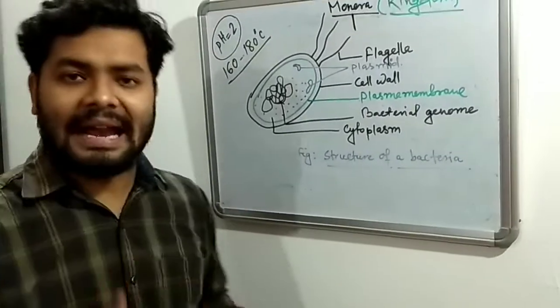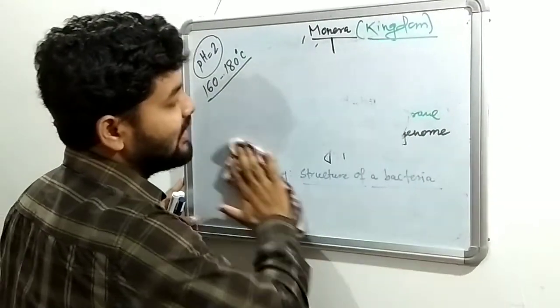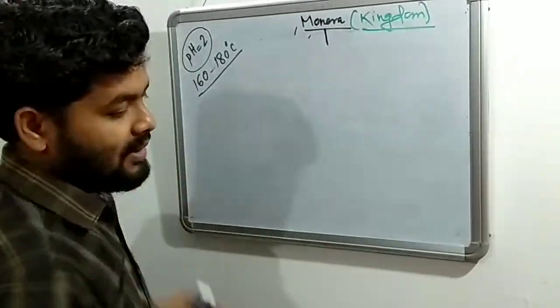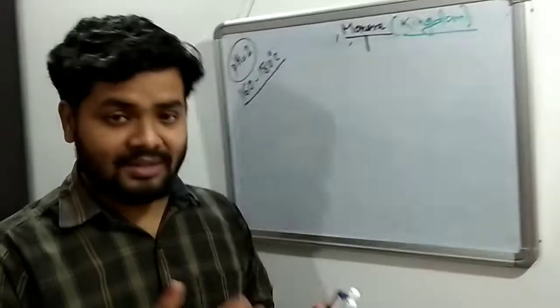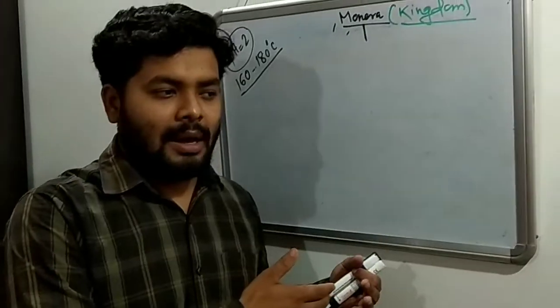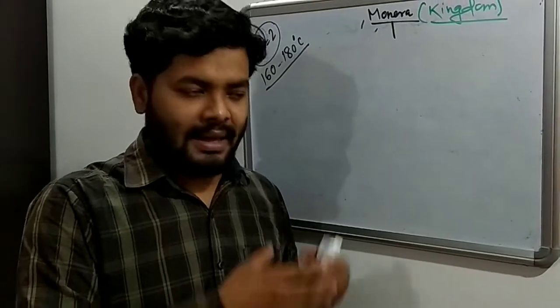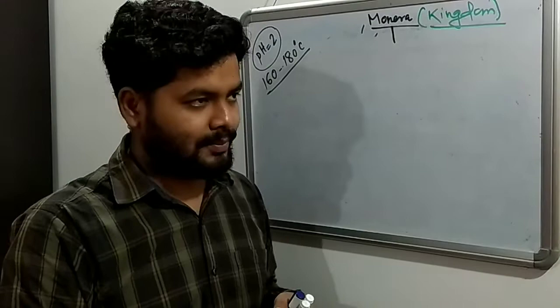Now, as you know, bacteria have some advantages as well as a few disadvantages. What are the advantages of bacteria? Several different bacteria are very helpful for humans. Some bacteria are used to prepare curd, like Lactobacillus lactis.